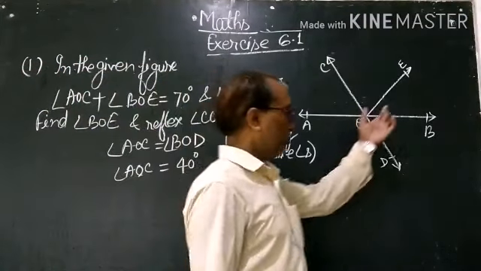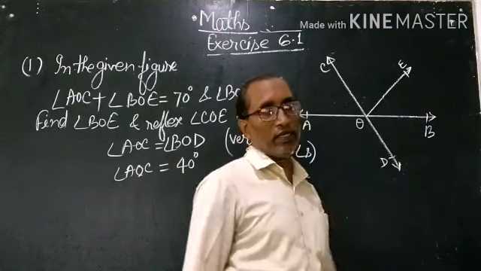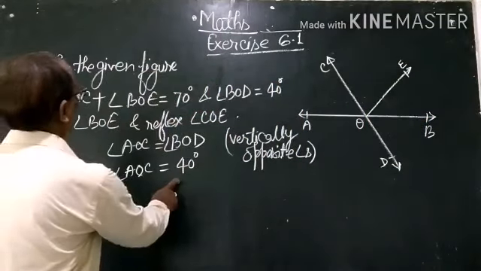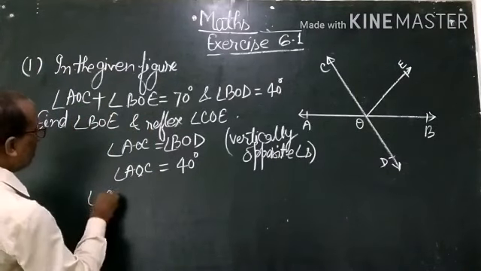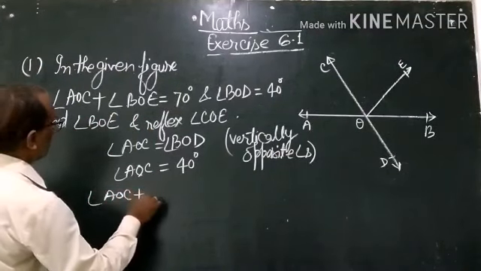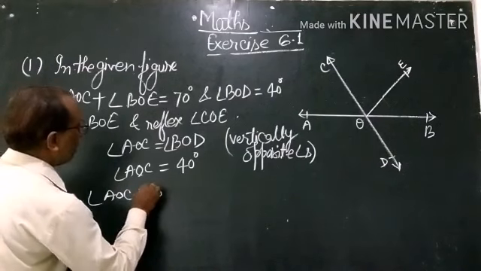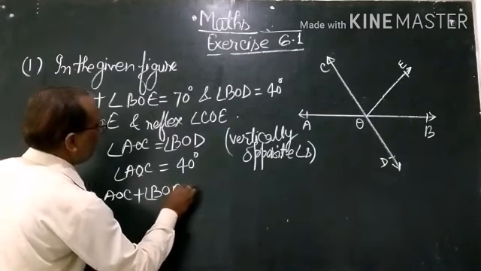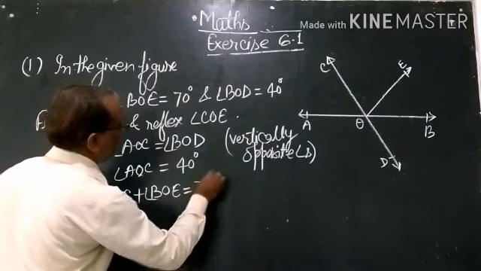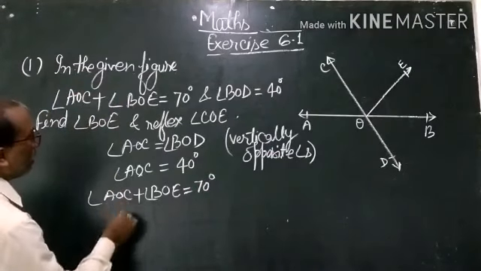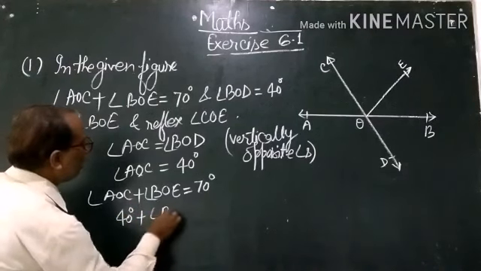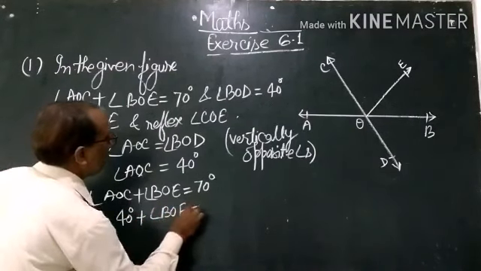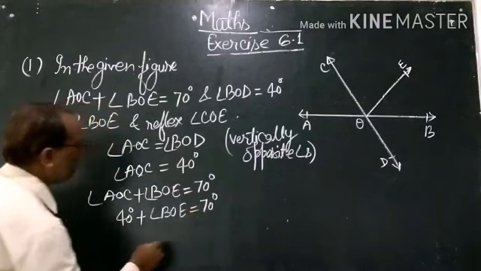Then you want to find angle BOE, so you put this value in this equation. You write angle AOC plus angle BOE is equal to 70 degrees. Angle AOC is equal to 40 degrees, plus angle BOE is equal to 70 degrees.